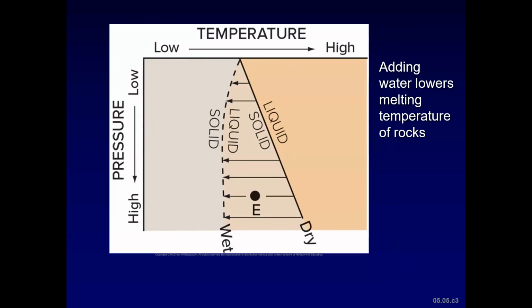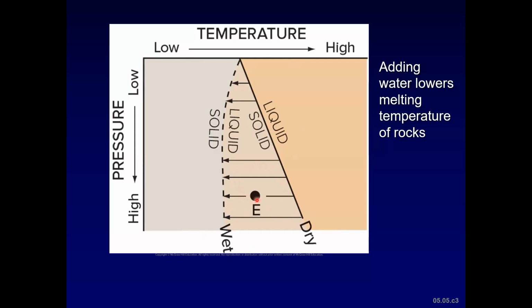Something also happens if you add water to a rock. Adding water lowers the melting temperature of rocks. Water can lower by as much as 500 degrees Celsius the temperature at which a rock can melt. So what happens to a rock at point E if a small amount of water is added?